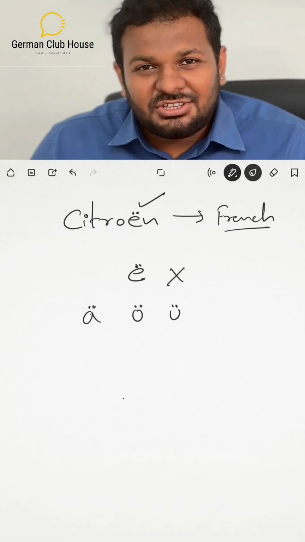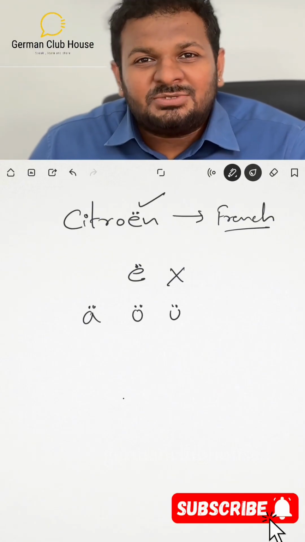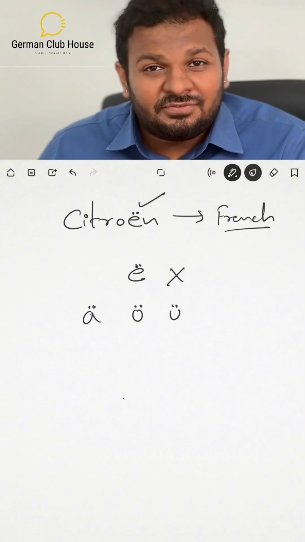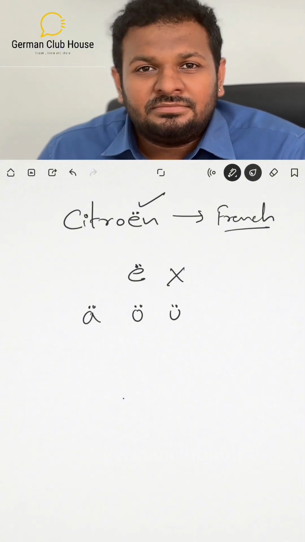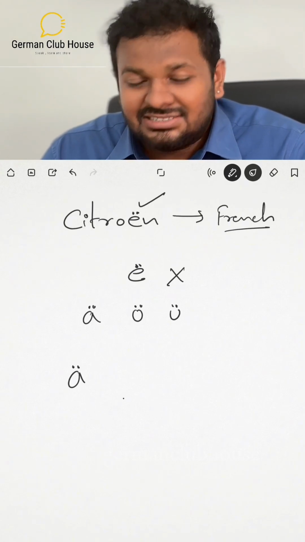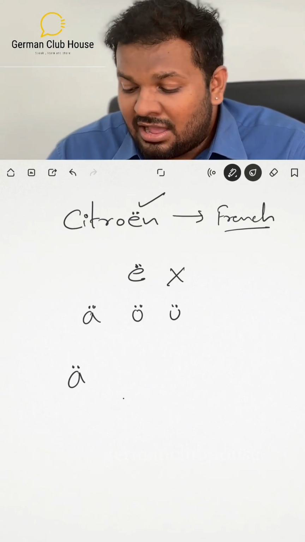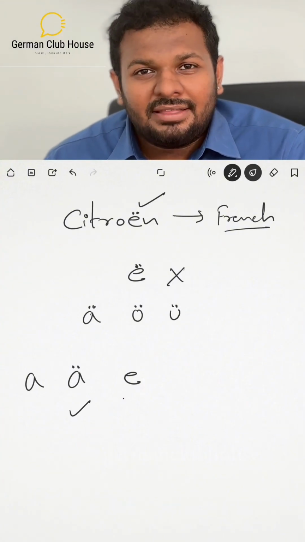99% of the institutes and teachers go wrong when they have to teach the pronunciation. Let me tell you, even if teachers are watching, you can use this video as a reference to help your students out. The first letter, that is A umlaut, is in fact not "ah", but "eh".